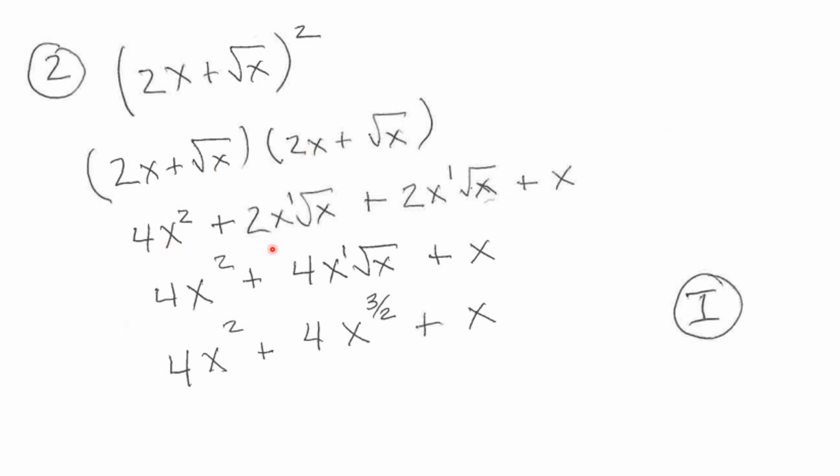This guy times this guy is 2x to the first power times the square root of x, and then when I do this one times this one, I also get 2x to the 1 times the square root of x plus x. Now these two are exactly the same thing, so this becomes 4x square root of x. This is 4x squared, and that's x. And here we realize that x to the 1/2 is the same as square root of x, so that's called x to the 3/2. So the answer should have been I.